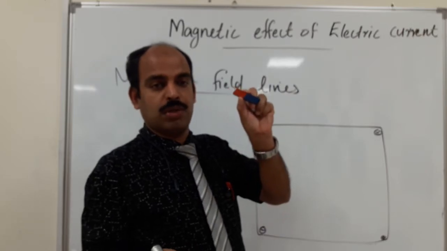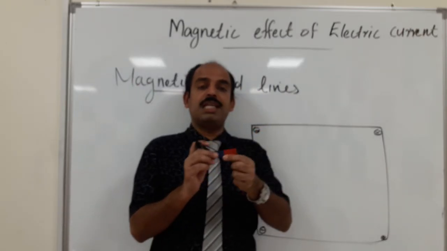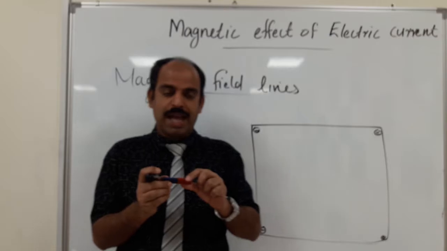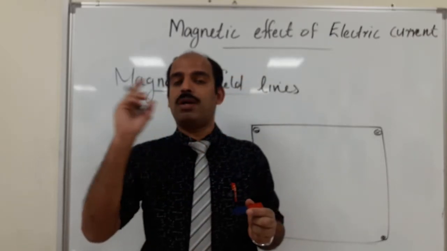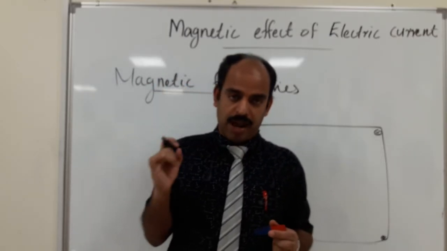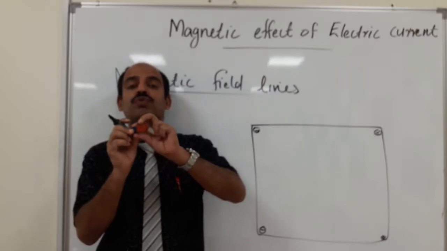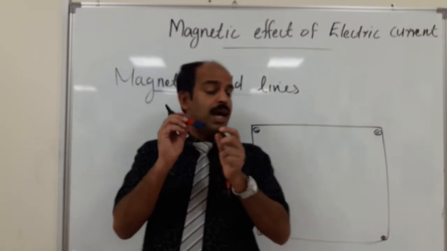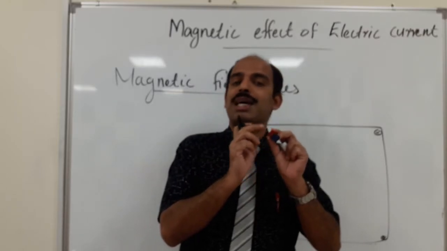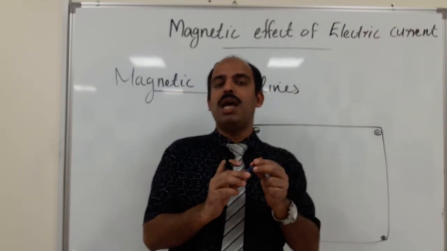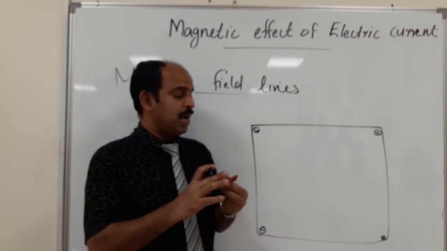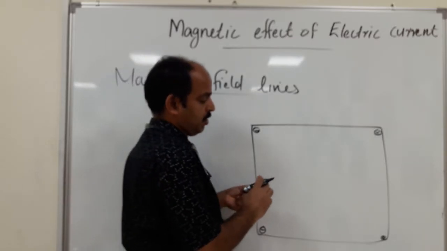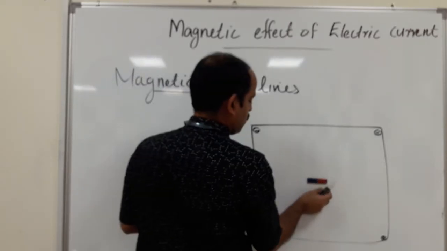Why north and south? Because a freely suspended magnet aligns in the geographic north and south direction, right? The end that points towards the north is known as the north pole, and the end that points towards the south is known as the south pole. That we know.